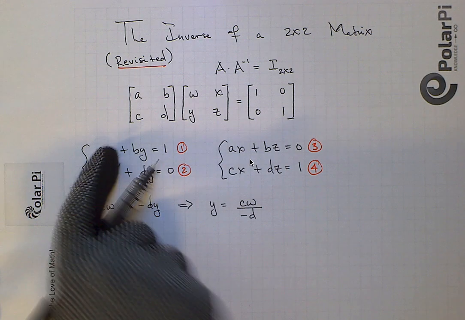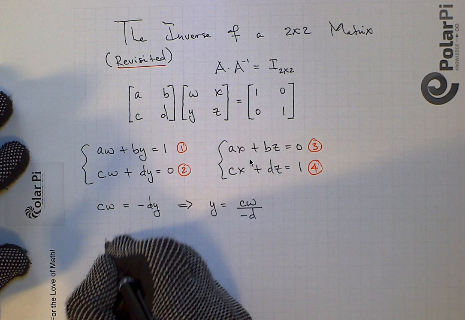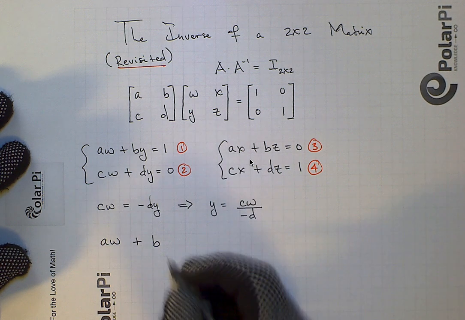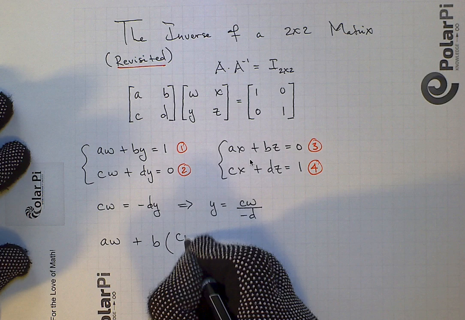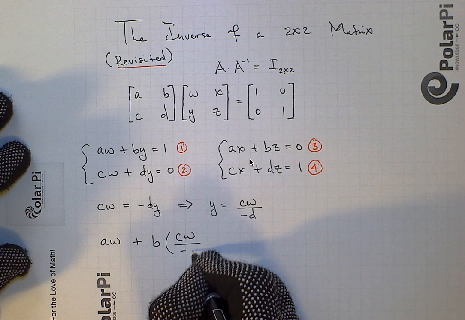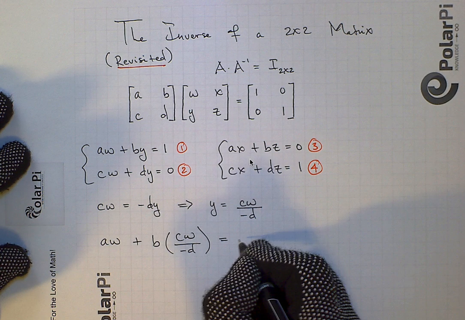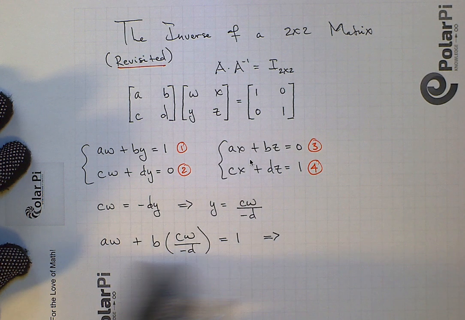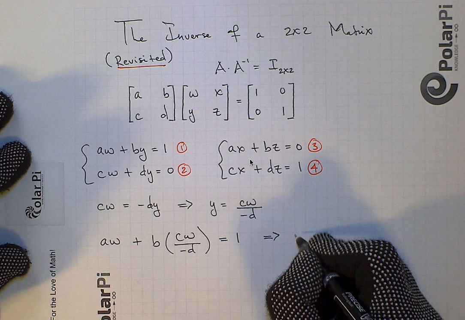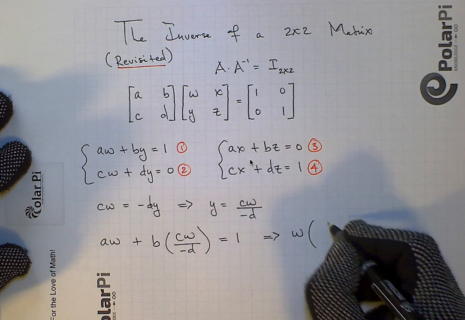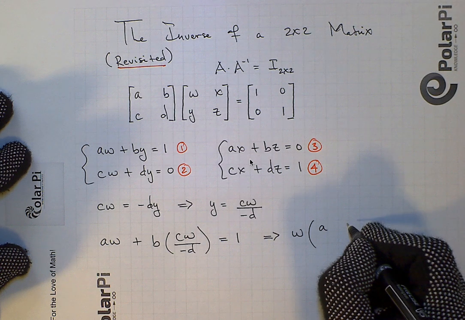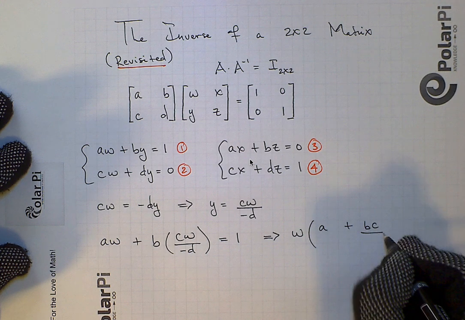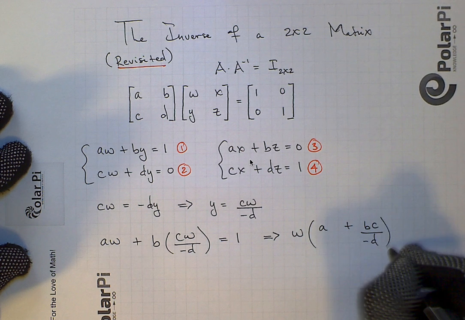When I do, the first equation turns into AW plus B times CW divided by negative D, equals 1. Now, if I factor out a W from the left side, I can write W times A plus BC divided by negative D, equals 1, right?